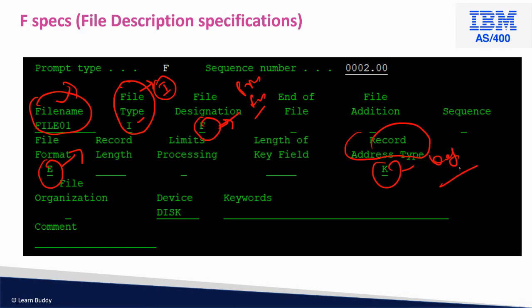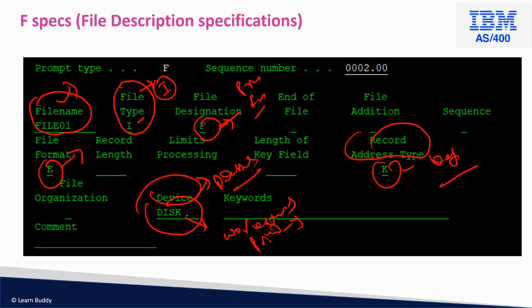If your file has key fields, you can use K, otherwise you need not use it. And device is DISK, which tells the program it is a database file. If you use WORKSTN, it is a display file. If you use PRINTER, that is a printer file. Based on whatever you mention as the device, the program understands what kind of file it is.